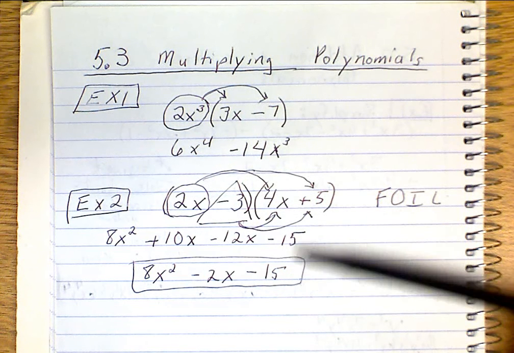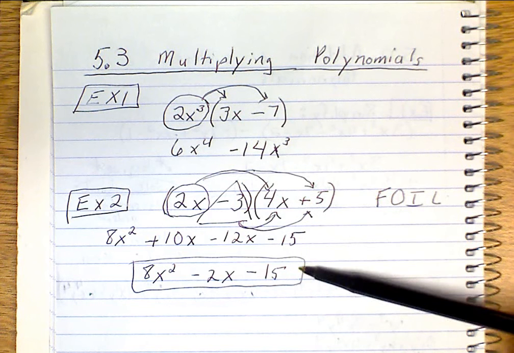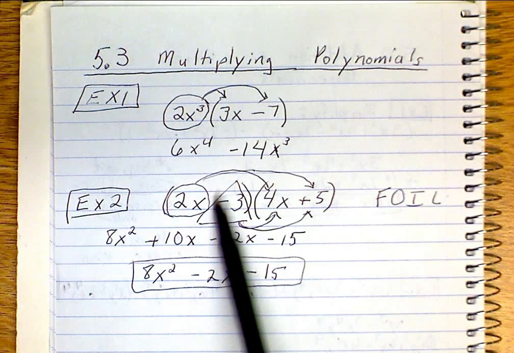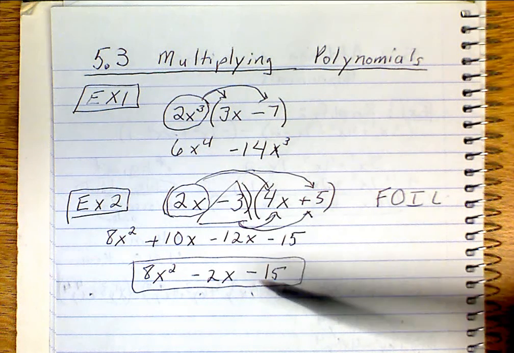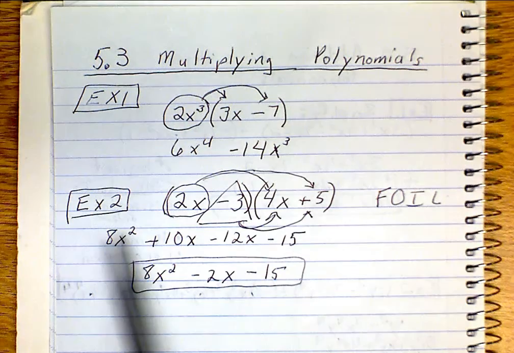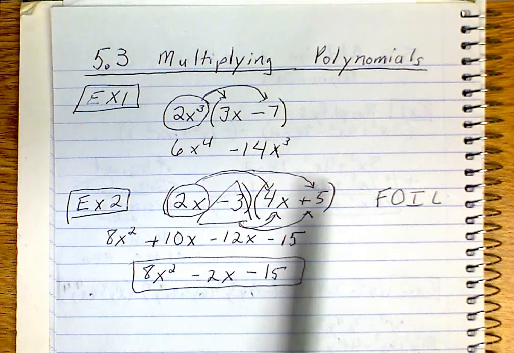I don't know how many of you have worked with FOIL or factoring, but sometimes factoring is very hard for people. So when you are doing these problems today, and I will tell you it was two-sided, but I changed it to one, really think about where your numbers are coming from, so that when you get something like this next week, you're going to be able to create this, because we have to go backwards next week.